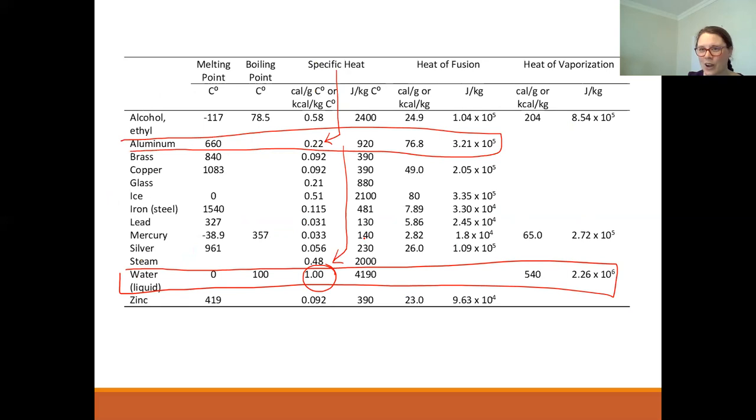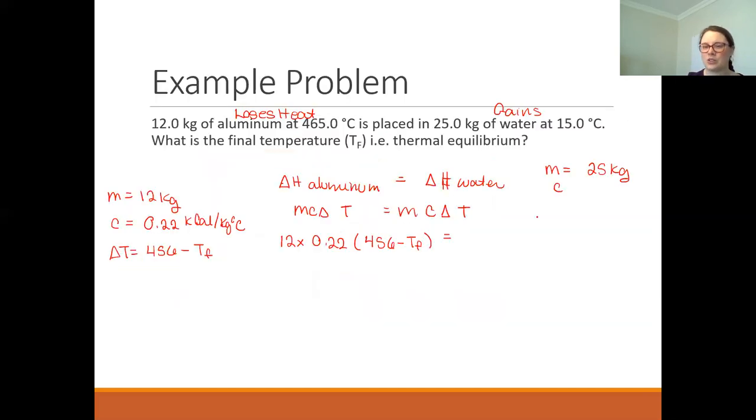You can probably see why I chose calories to work with instead of joules. I did it just because I know that the specific heat of water is 1 if we're in kilocalories. So we'll go back and we'll put that into our equation. Cal per kilogram degrees Celsius.